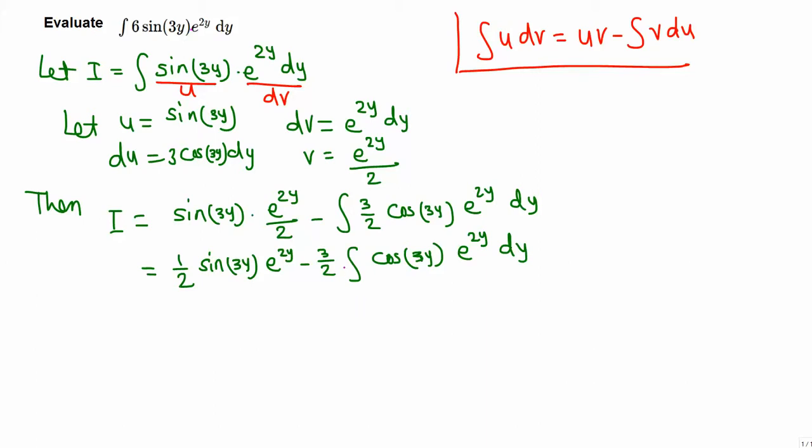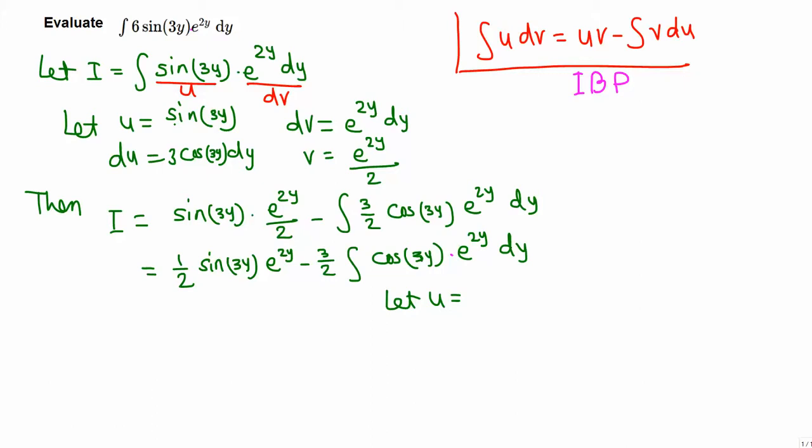Now we still have a product of two functions. So to integrate this product we need to use integration by parts, IBP, one more time here, just for this one. Let u be, now we have to be consistent with the earlier choice.